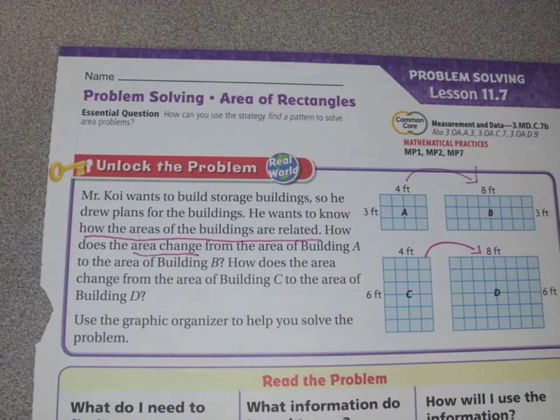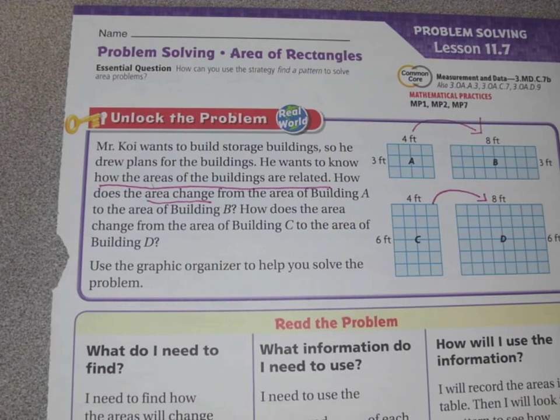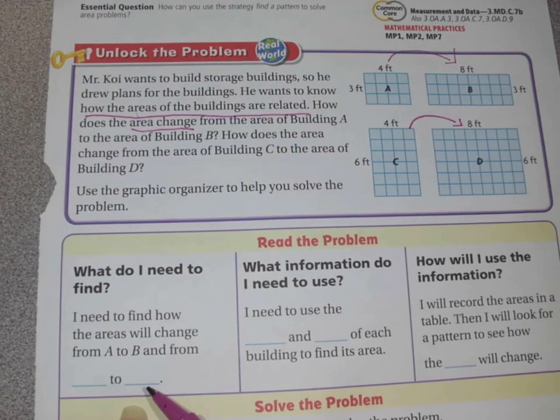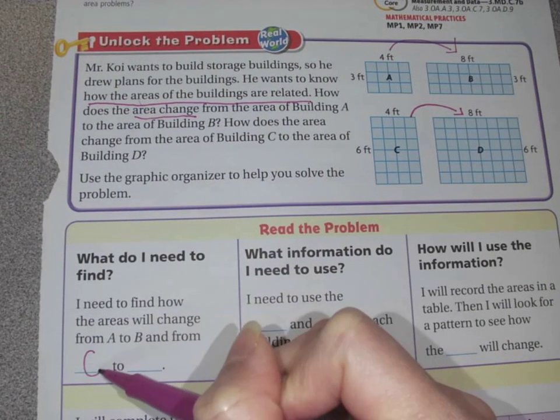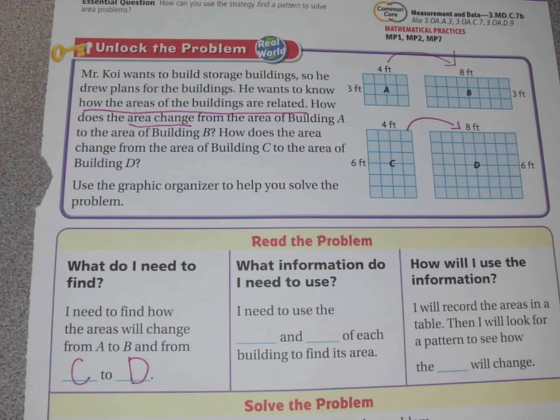All right, so first, what do I need to know? I need to figure out, find how the areas will change from A to B and from C to D. That's what the word problem said. And what information do I need to use?